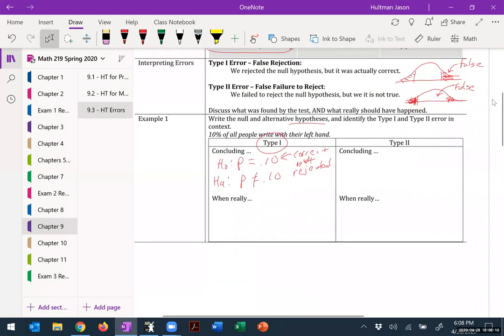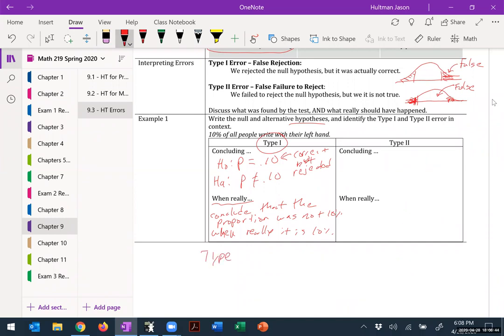So down here, we would conclude that the proportion was not 10% when really it is 10%. So that's type 1 error.